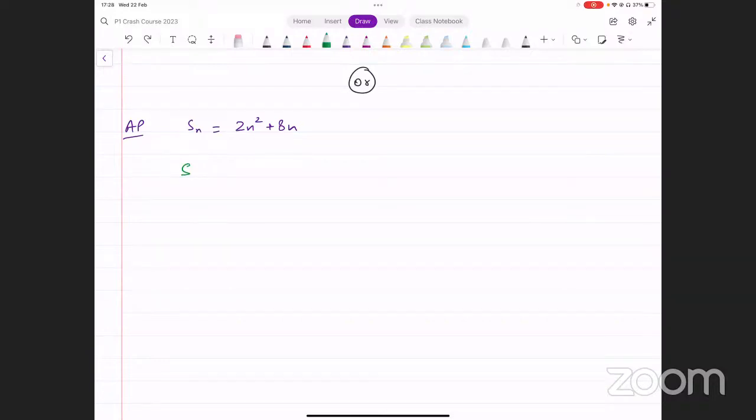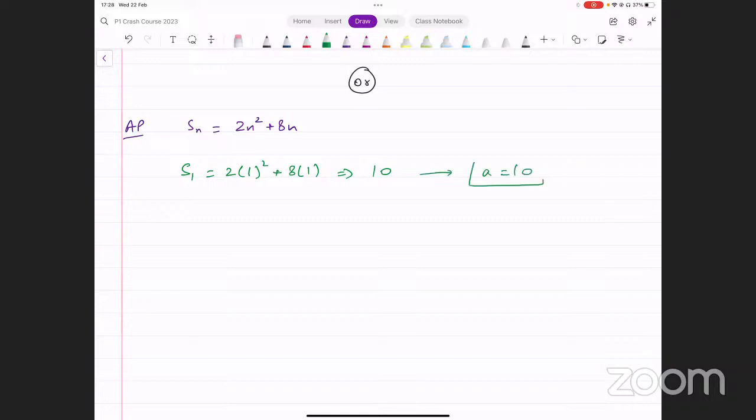So we could find S1, for instance. What's S1? S1 is 2 into 1 squared plus 8 into 1, and that gives us 10. What that means is, for the sum of the first one term, there's only one term, right? So that means the value of a therefore should be equal to 10.